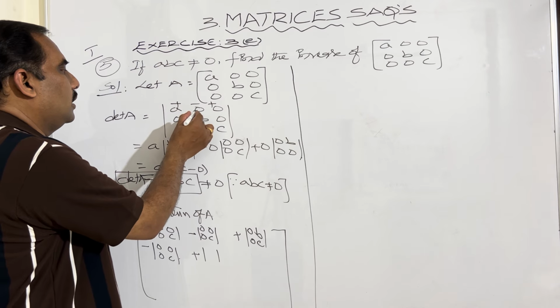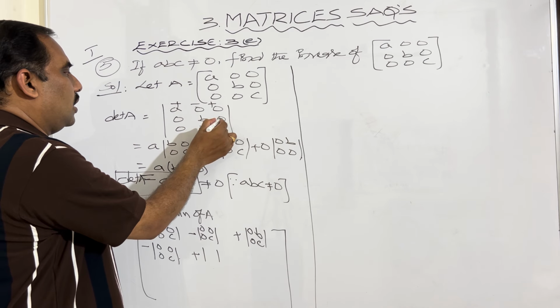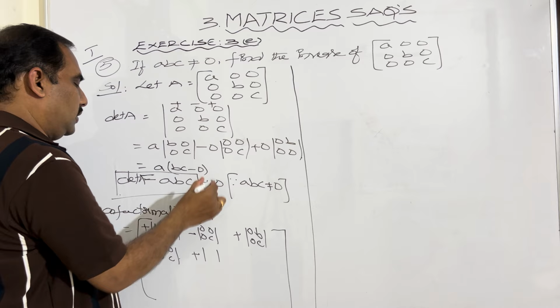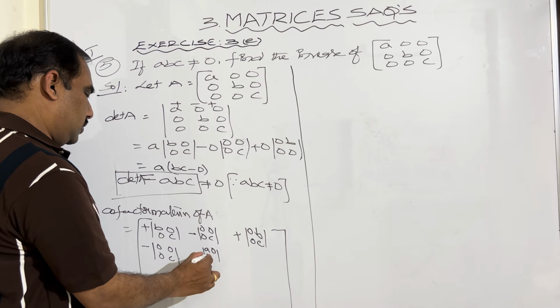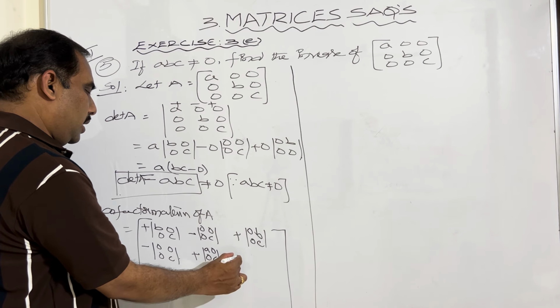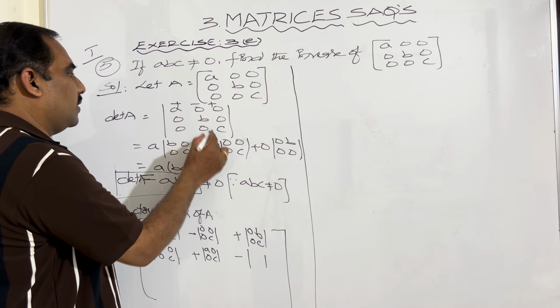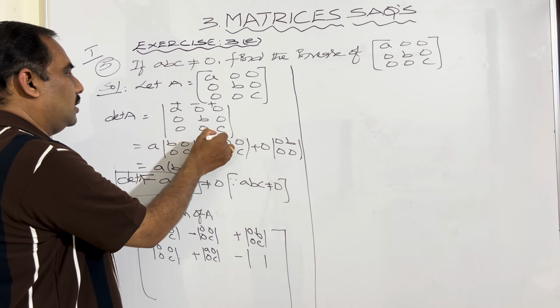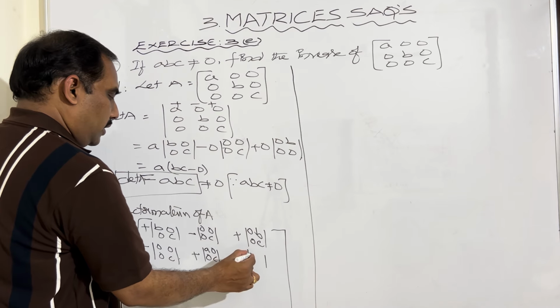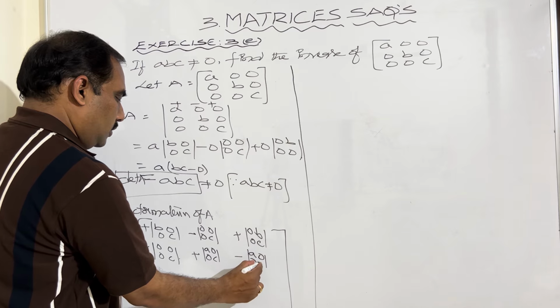Now second row, second column, if you delete, we get A 0, 0 C. And with minus, second row, third column, if you delete, we get A 0, 0 0.